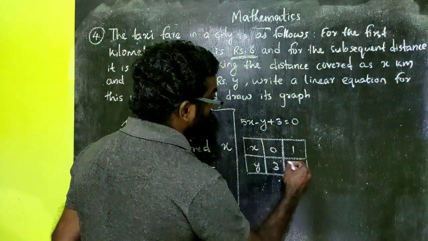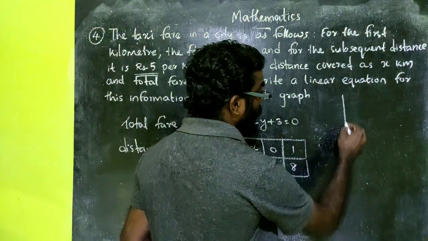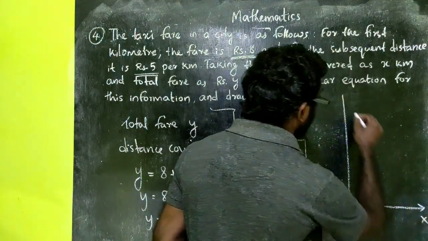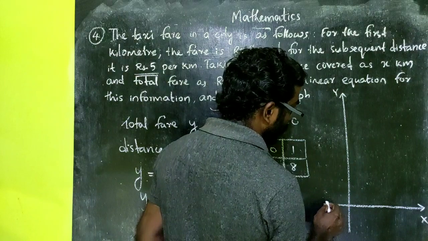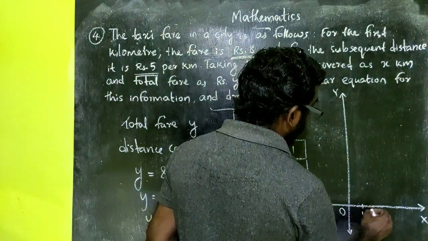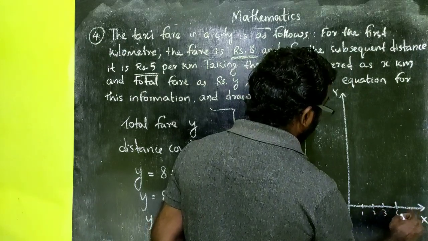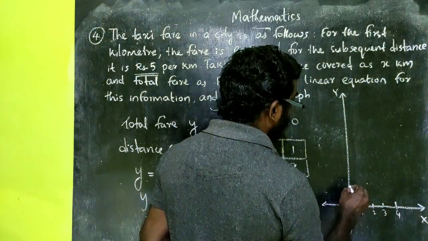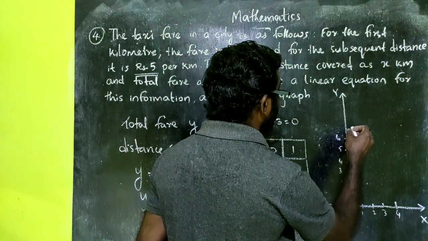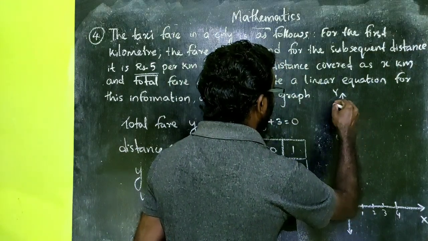So (1, 8). We can plot the points on the x-axis and y-axis. Here is the origin, then 1, 2, 3, 4, and so on. Here 1, 2, 3, 4, 5, 6, 7, 8, 9 and so on.